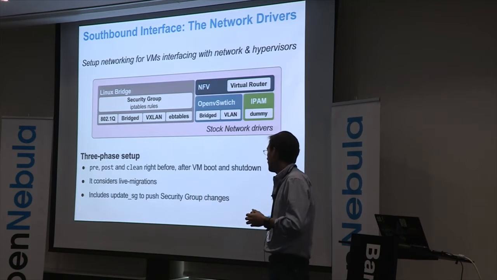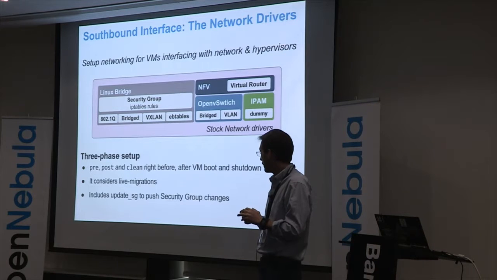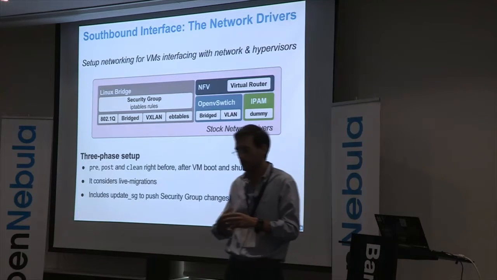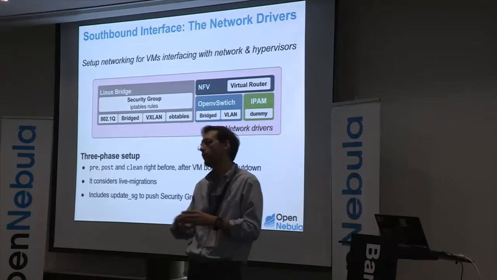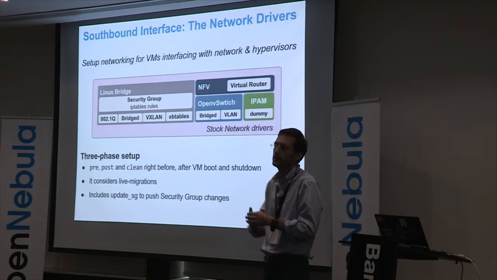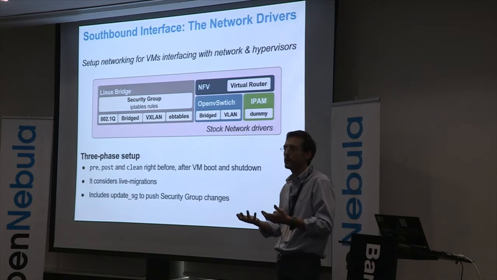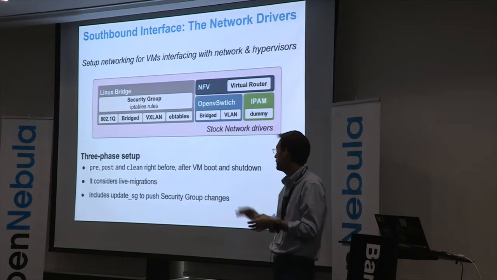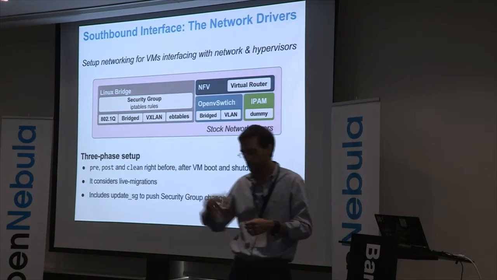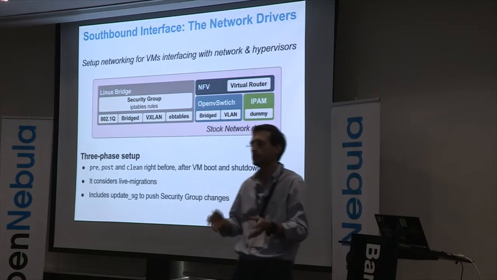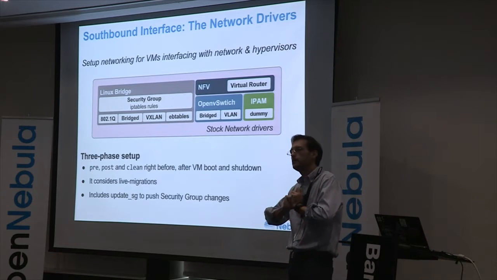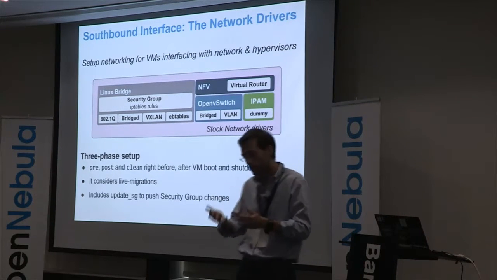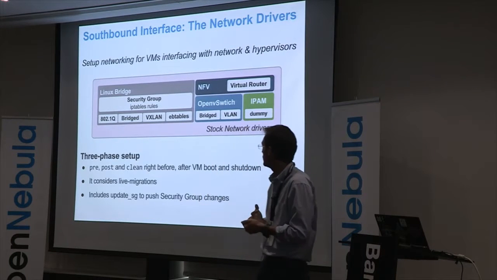And the problem with not implementing these security groups is that the filtering rules in OpenFlow are not as flexible as the ones you can express with iptables. So there is some filtering that we can do, for example, for MAC spoofing and those things, but the complete functionality exposed by security groups cannot be implemented right now with OpenFlow in OpenVSwitch.